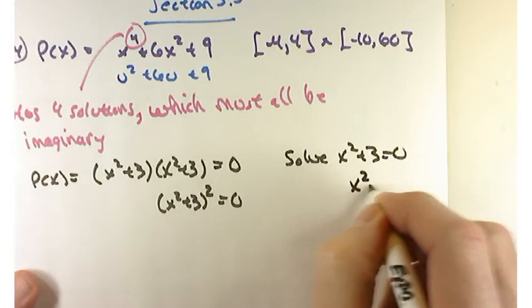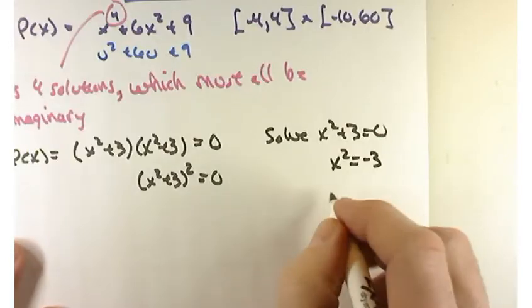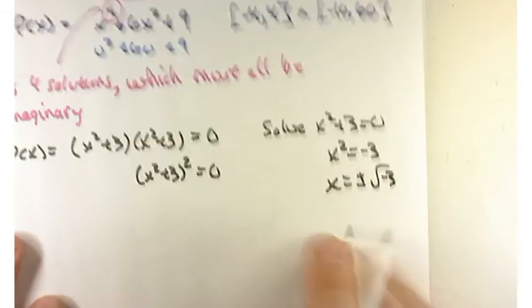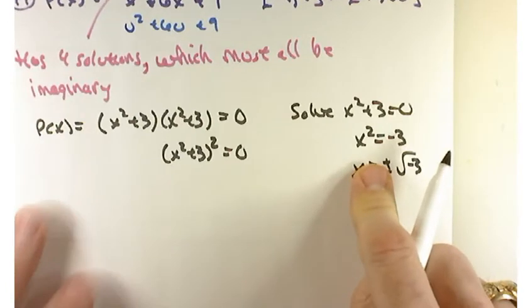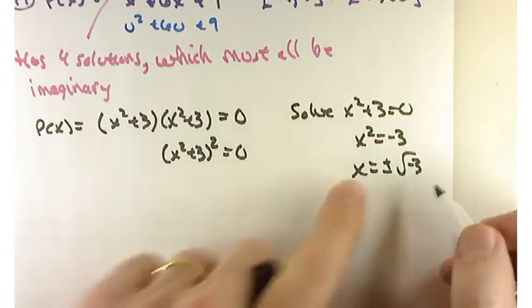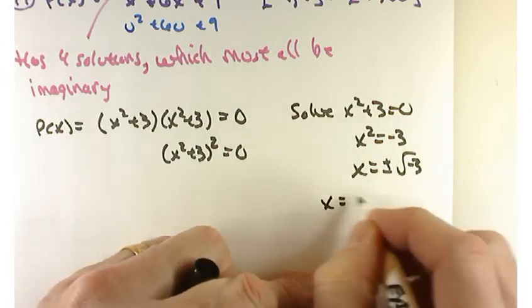Well, it's going to mean x squared equals negative 3, or x equals plus or minus the square root of negative 3. Now, sometimes when people do this, there's a little wishful thinking that happens, as people wish that negative wasn't underneath the square root. It is. Sorry. So what can we do about that negative underneath the square root?